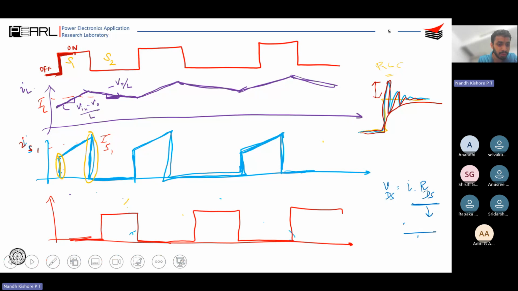And as I was mentioning, there is going to be an overshoot over here, something like this.